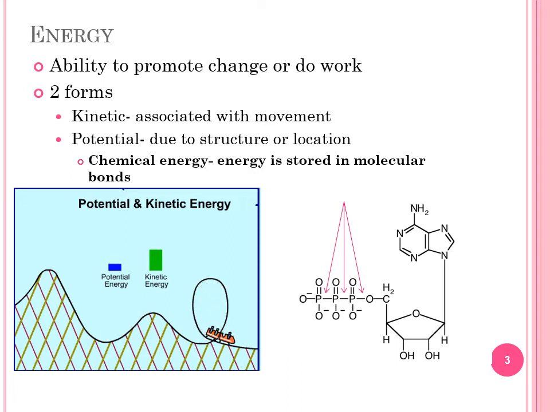This molecule that is here to the right is ATP, and you can see the pink arrows are pointing to those bonds in between the phosphates. Those phosphate bonds are high energy bonds of ATP. You can see we have a phosphate, a sugar, and a base. And of the phosphate, we have three phosphate molecules, and those three phosphate molecules are where the energy is going to be stored.